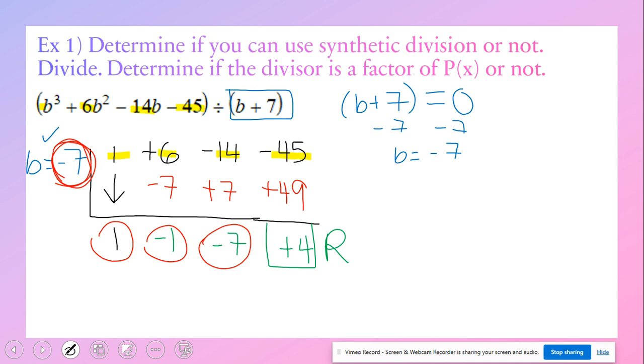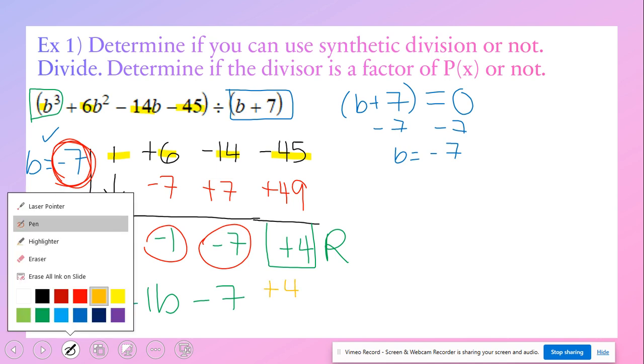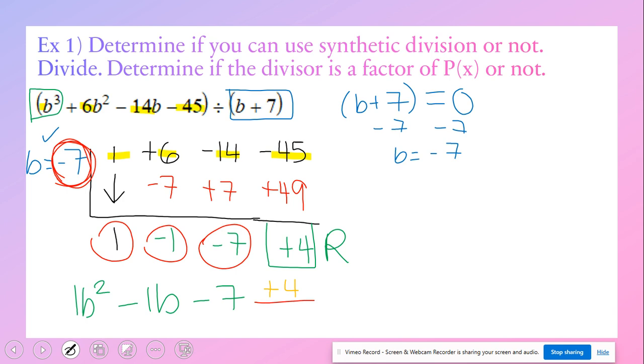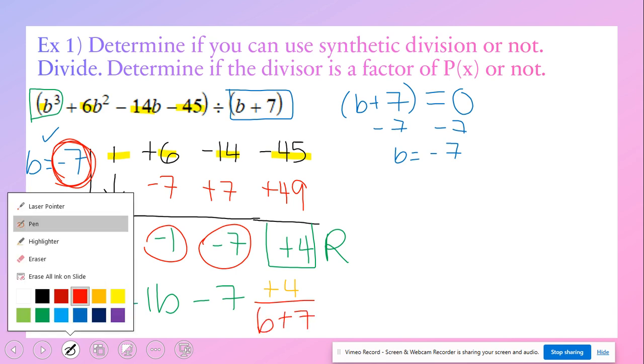Now all of the values 1, negative 1, negative 7 can be rewritten as my quotient: 1b squared, because I originally had b to the third up here, minus 1b minus 7. Since I do have a remainder, I should write plus 4 divided by b plus 7, the value I was dividing by.